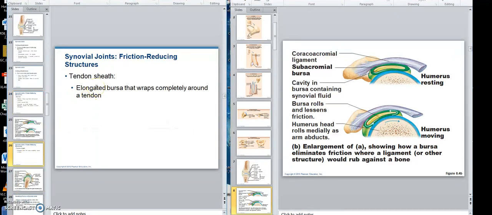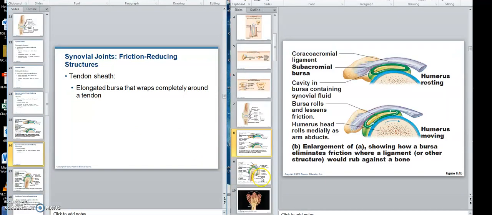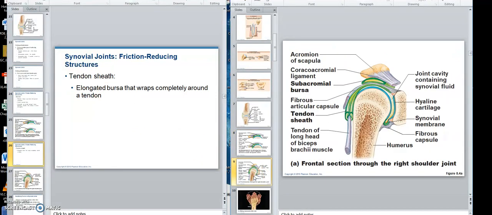Tendon sheath. Let's look at that. A tendon sheath wraps around, it's another synovial sac that wraps around the tendon. Now that's part of what happens in your hand, because the muscles that are moving your fingers are really up in the forearm and the wrist, and then you have these tendons that go down to move your fingers, shall I say?